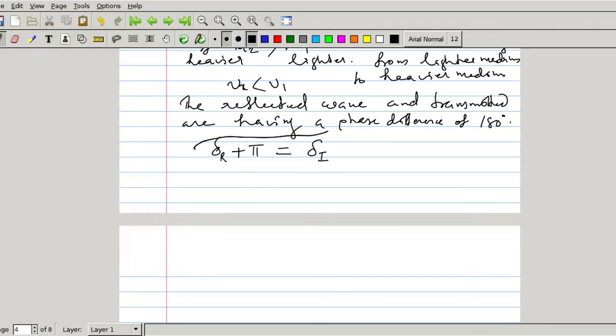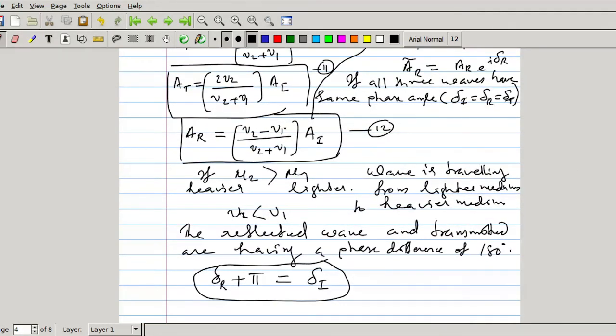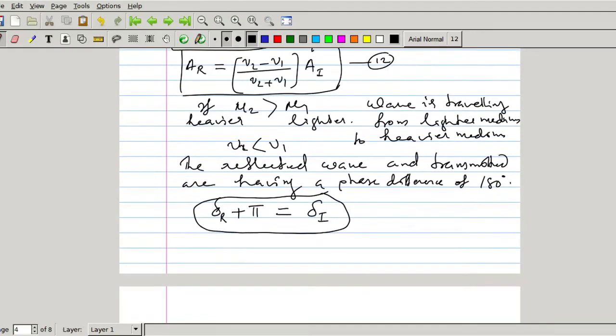So these two phases differ by pi, since we are getting a negative sign here. Here V2 minus V1 will be negative, so AR is minus of (V1 minus V2) by (V1 plus V2) into AI. So these two amplitudes are out of phase.